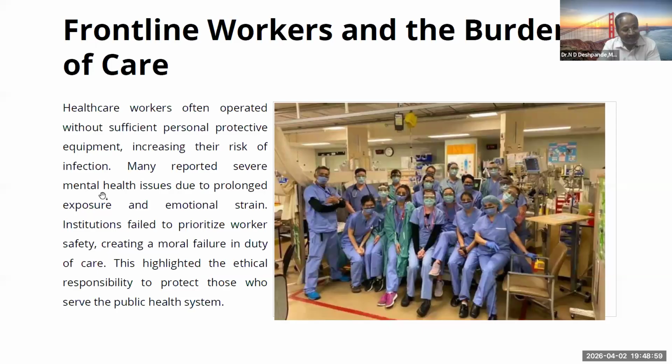Many reported severe mental health issues due to prolonged exposure and emotional strain. So institutions failed to prioritize worker safety, creating a moral failure in duty of care. So people who are taking care somehow suffered a lot. And the strain on top of which this highlighted the ethical responsibility to protect those who serve the public health system. So this kind of burden of care was visible during the COVID-19 pandemic.